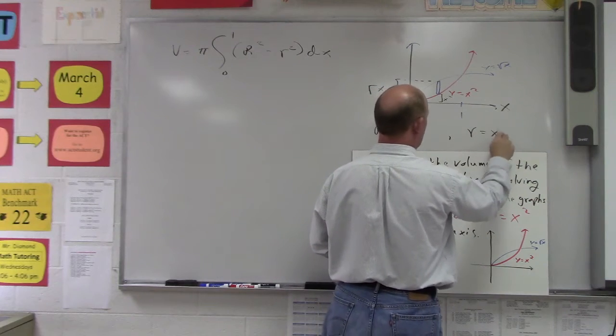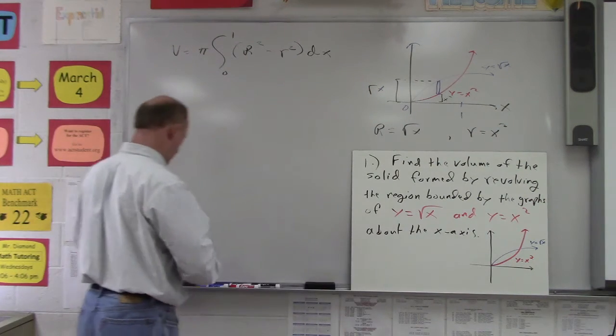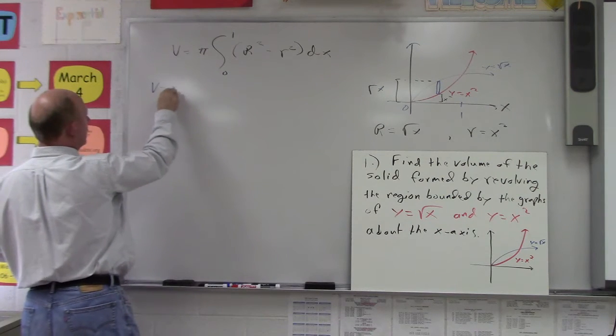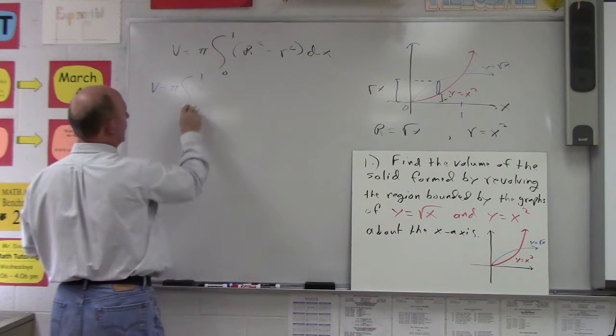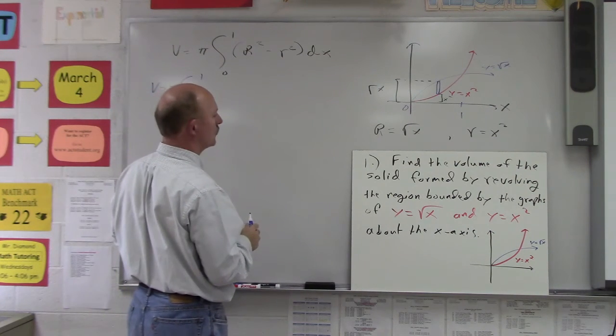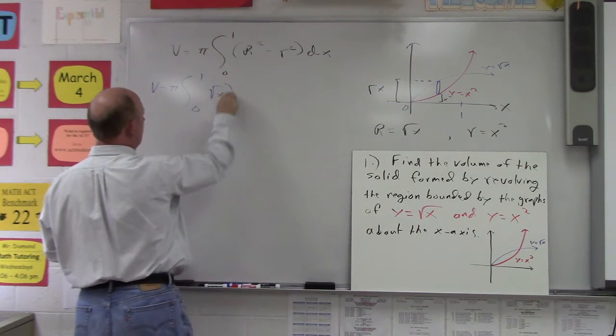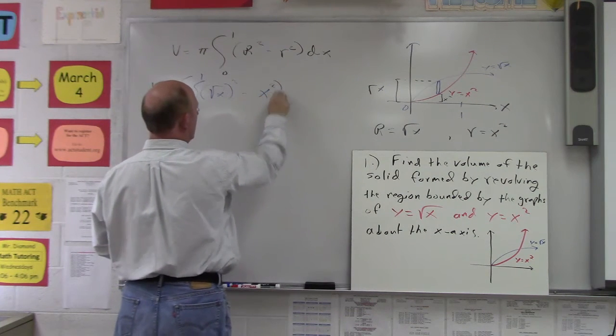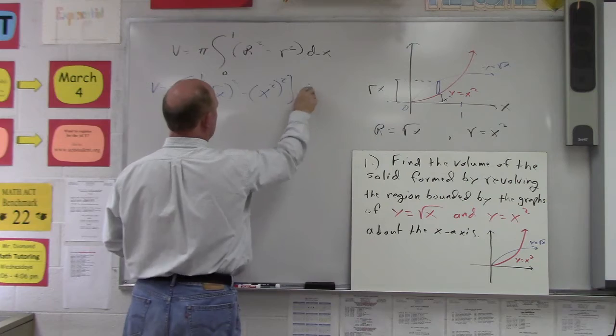Little r would be x squared. So as we set up our integral now, our volume will be equal to pi integral 0 to 1. Big R we said is the square root of x, so it'll be the square root of x squared, minus x squared dx.